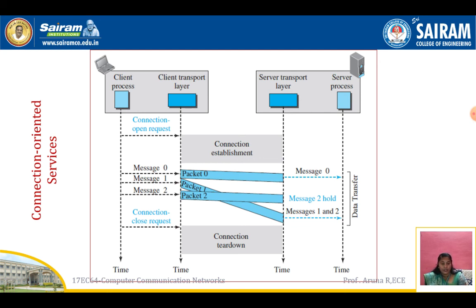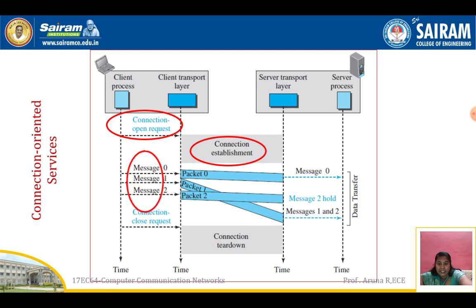First stage, you have to establish a connection. Second stage, after the connection is established, you send the data packets. Once the transfer of the packets is done, the connection is torn down. That is, you are removing the connection. So these are the phases you can see. First, a connection open request is sent, then the connection is established.